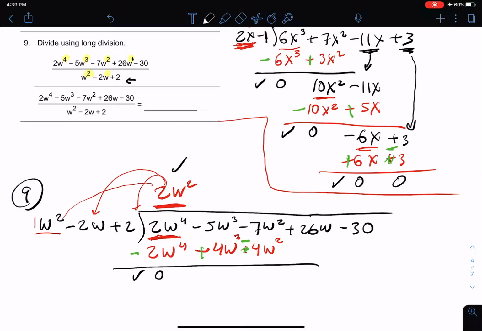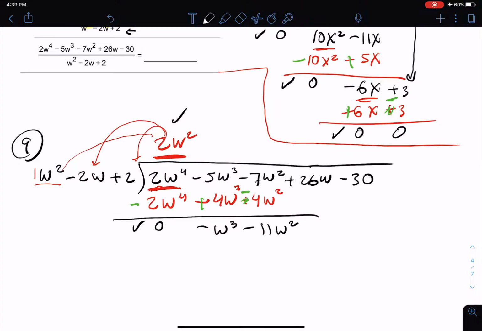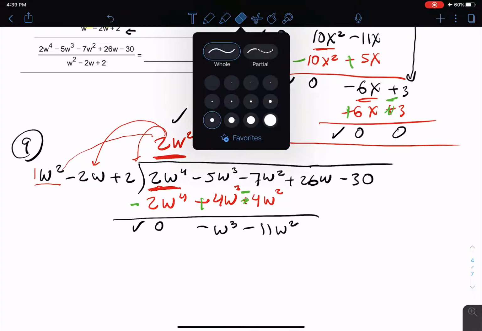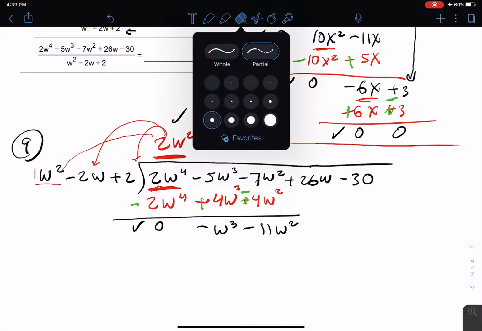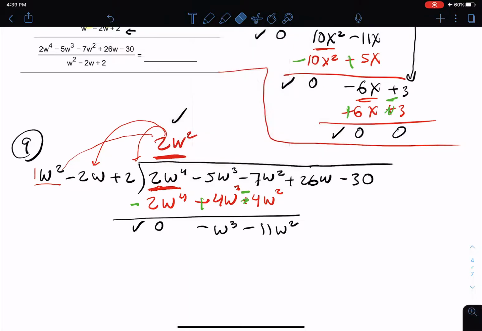Next, we continue with our addition now because we changed the signs. Negative 5 and a 4 is negative w cubed. And negative 7 and negative 4 makes negative 11w squared. Good. So now what we want to do is bring down the next term.